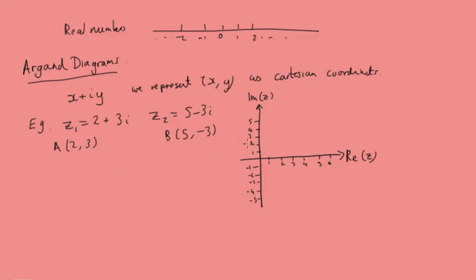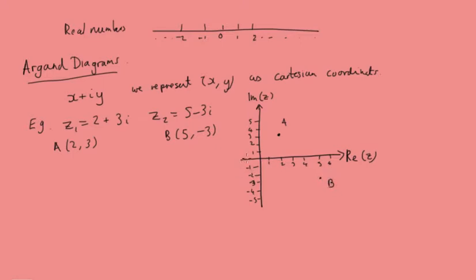So our point A is (2, 3), and our point B is (5, -3), which is down here.